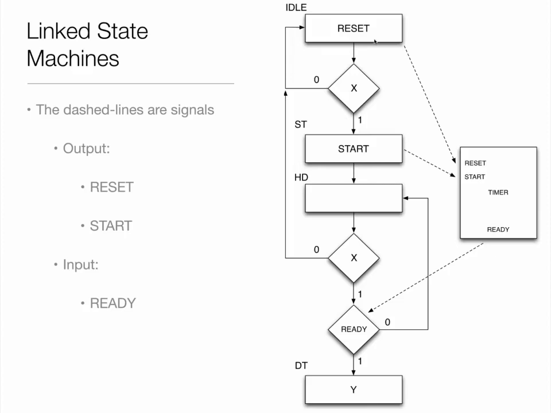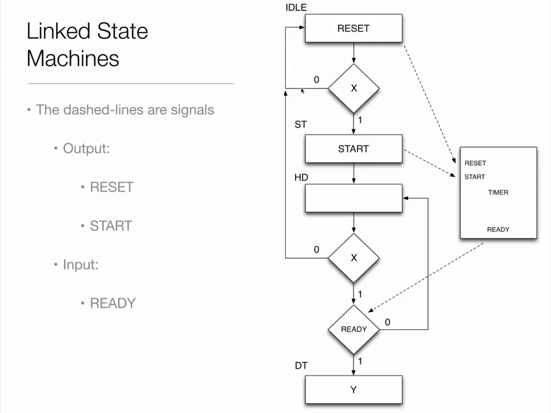So we're in hold. If the user holds the button down in HD, that's what we want. But the timer is not ready, we stay in this state. If the user lets go of the button X before the timer finishes, that's this diamond here, so we're back to the idle mode.